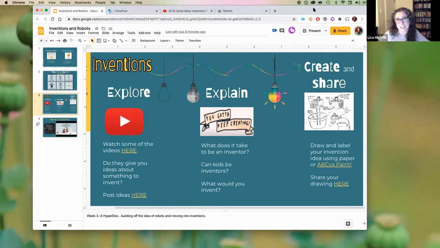Hyperdocs are basically digital lessons that you create and give straight to your students. But the way they're not a digital worksheet is they have that lesson design built into them. So this one is super simple and quick, but it has explore, explain, apply, and share. And so it's got that lesson cycle.